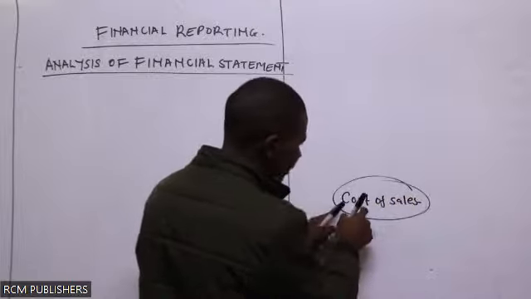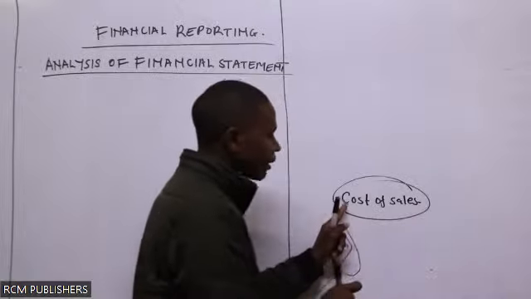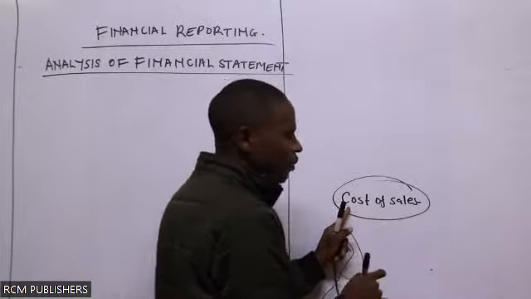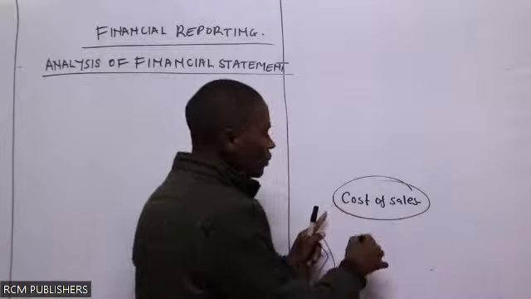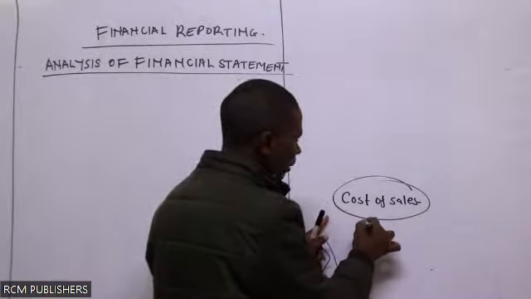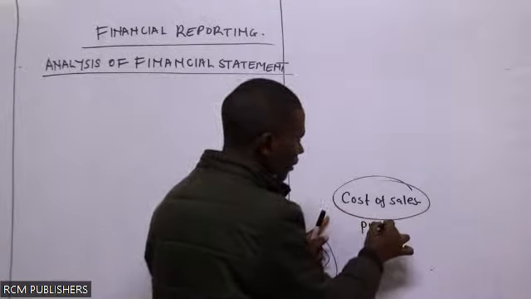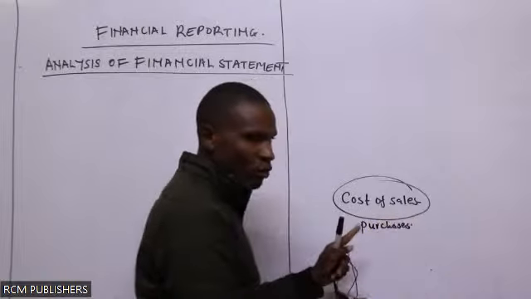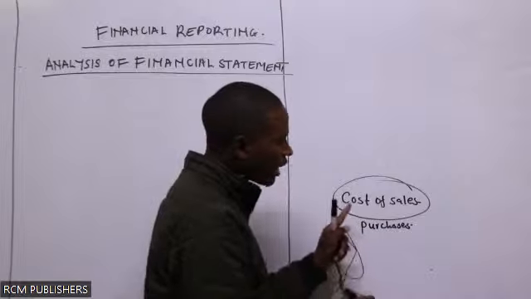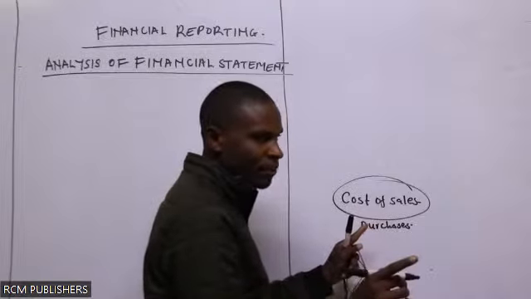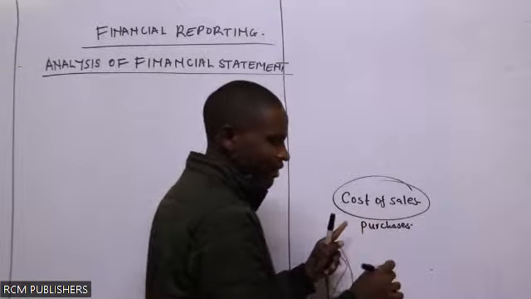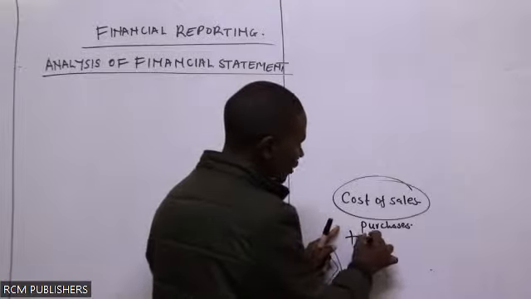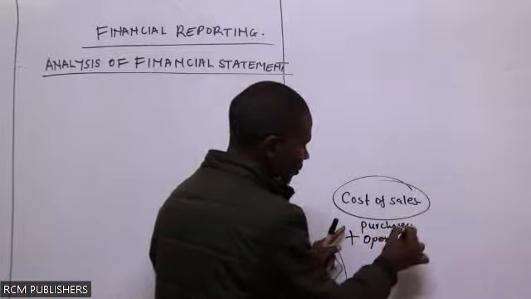Of course, purchases is found in here. Whereby we take our purchases, we add opening inventory, right? We add opening inventory, and then we less what? What do we less? We add opening inventory to get our cost of sale.